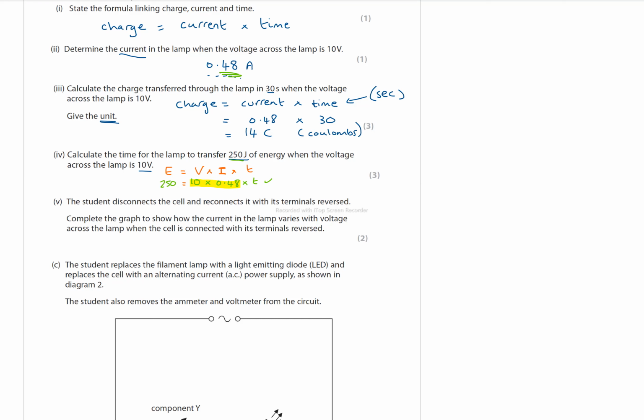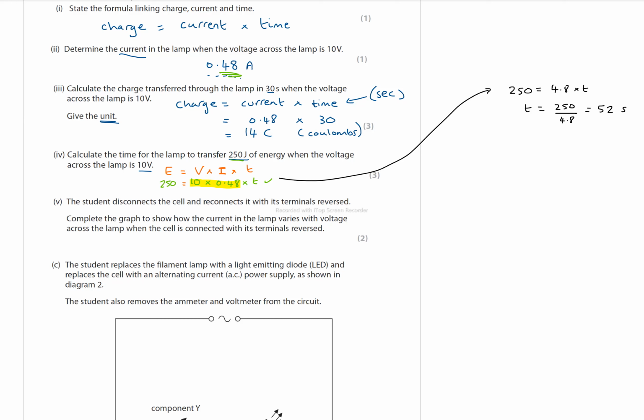So I've got 250 equals 4.8 times t. So I can put t equals 250 divided by 4.8. So I'm showing all my working out at every stage. Yep. Equals 52 seconds.